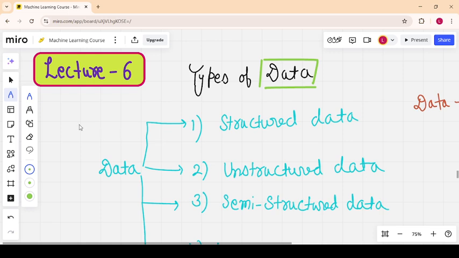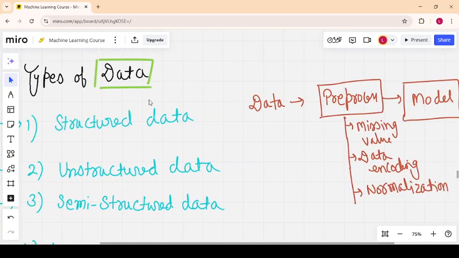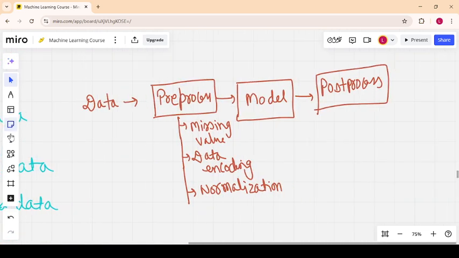So let us move to see the whole pipeline. This is the data. In this lecture, I will discuss different types of data, and I pass the dataset into a pre-processing pipeline. What happens in this pipeline?